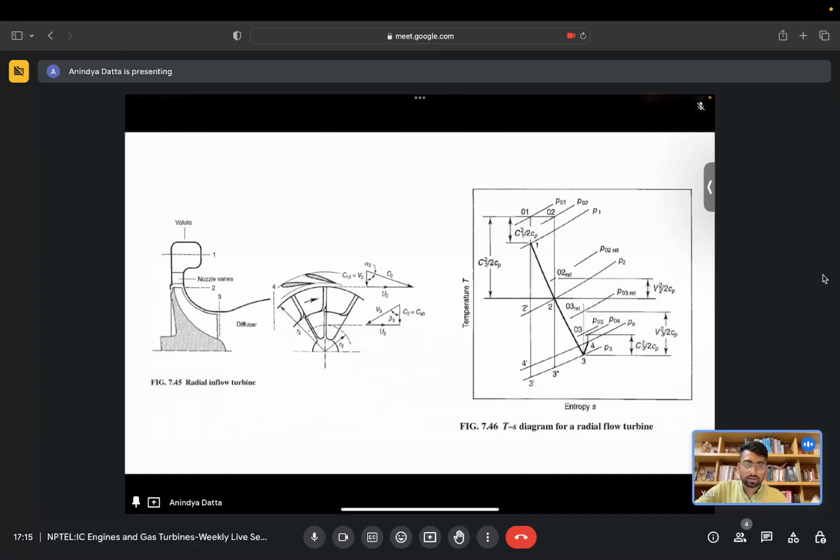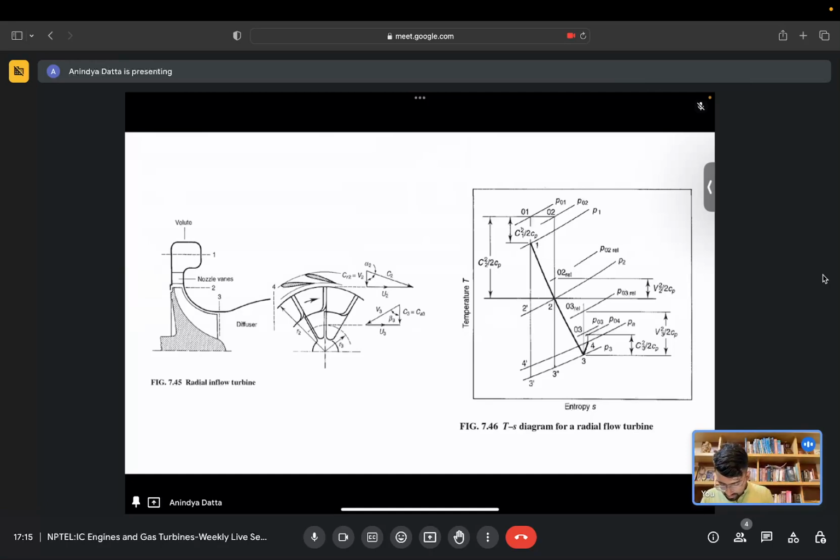Let's also look at this, the TS diagram for the radial flow turbine. In the lectures the TS diagram for the compressors has been discussed in detail. This is for the turbine, with the different stages.